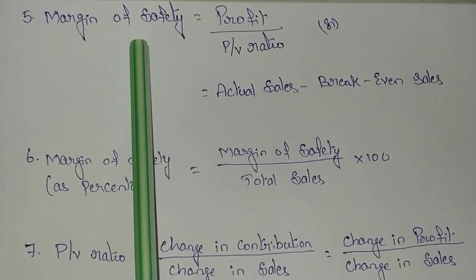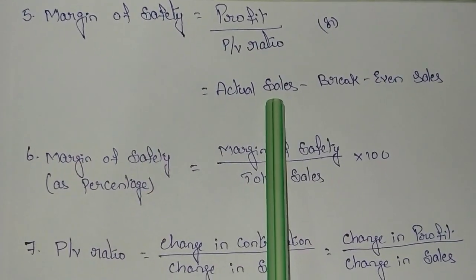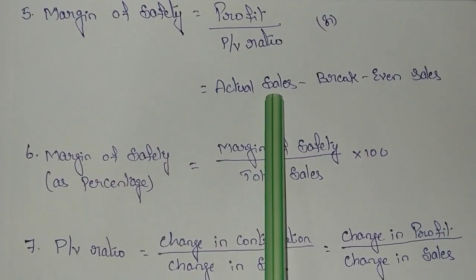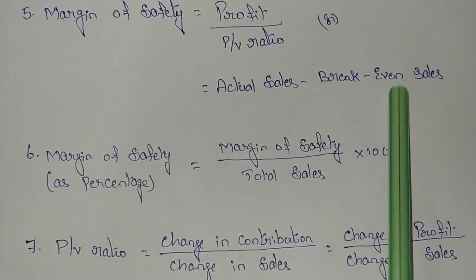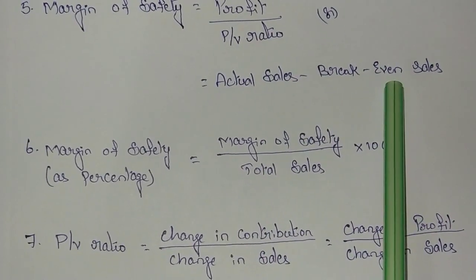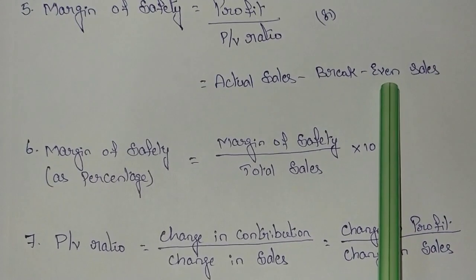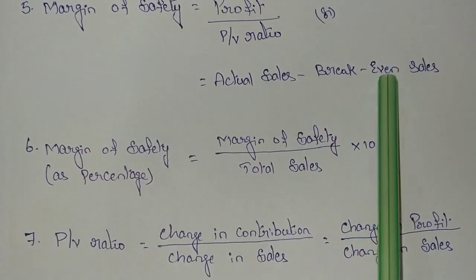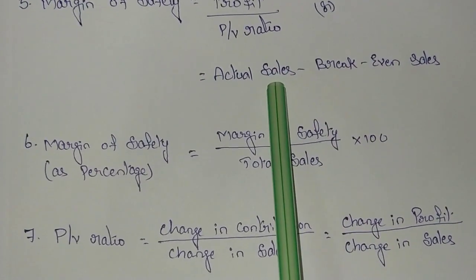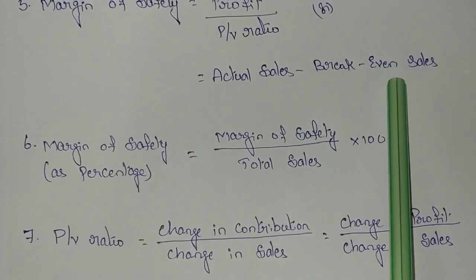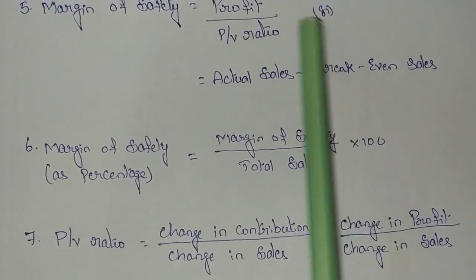Actual sales indicates the sales amount given in the problem. Break even sales indicates the sales value we have calculated as the break even point in sales value. So actual sales given in the problem minus break even sales which we have calculated gives you the margin of safety.